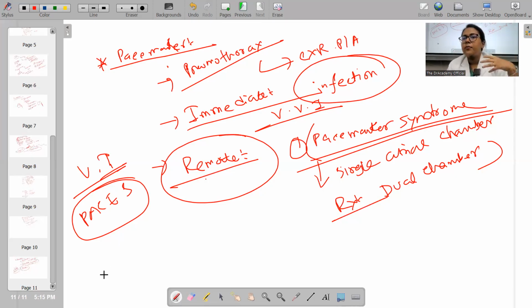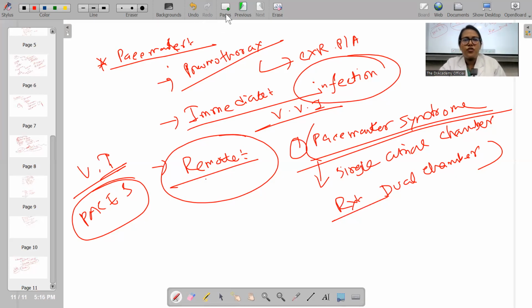And of course, there might be lead displacement or battery displacement, and the battery eventually dies out after 10 years. So you should consider these also. If there is some sort of displacement, the first investigation you can do is an ECG, and at the same time do an X-ray, okay?